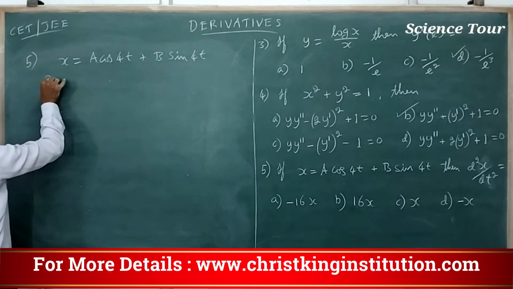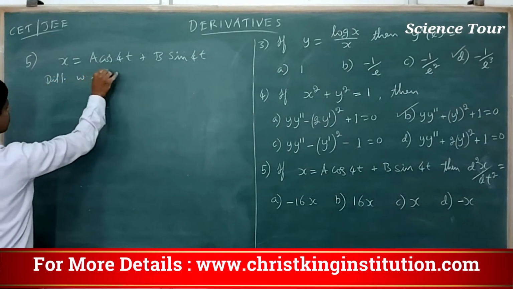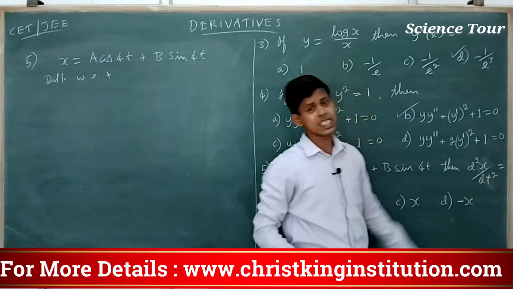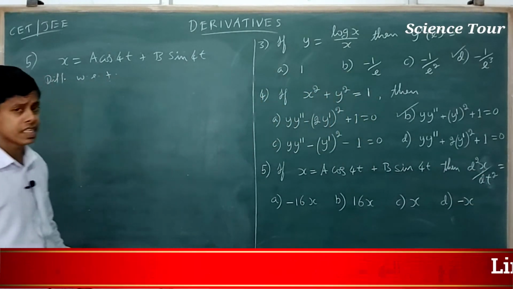Let's differentiate with respect to t, since we need d square x by dt square. So let's find dx by dt.